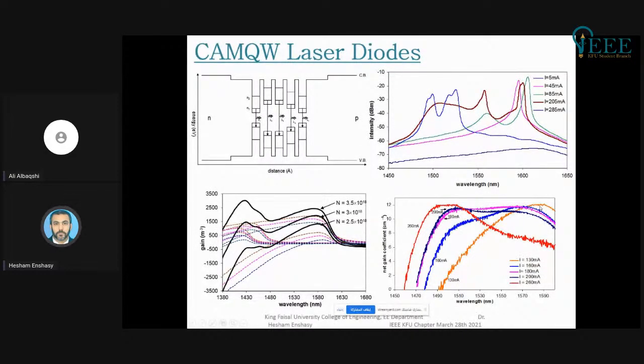So I can tune this laser almost from 1600 to around 1490 nanometer continuously, and I can use it in different applications.